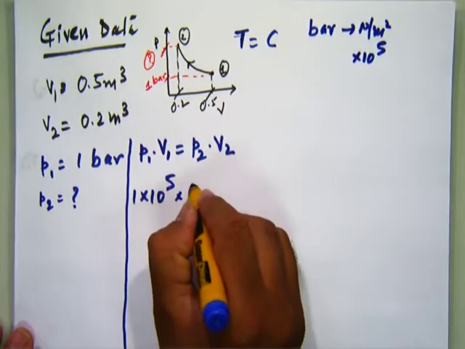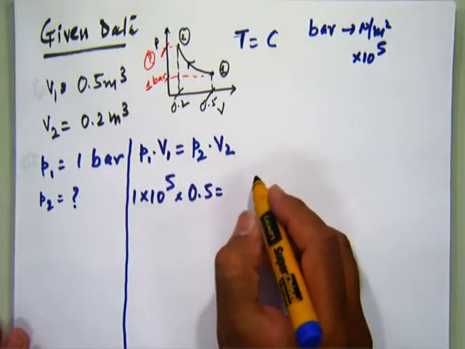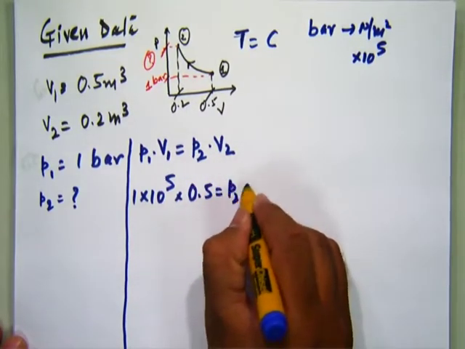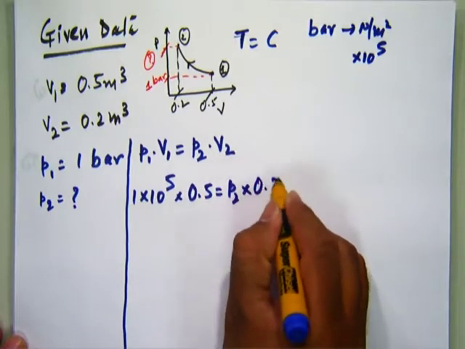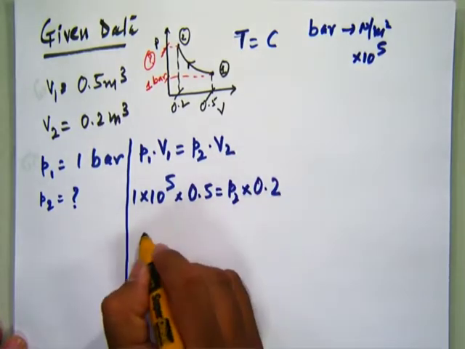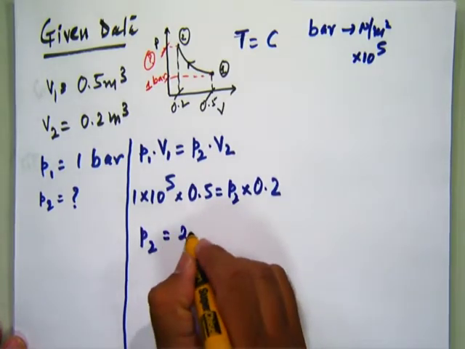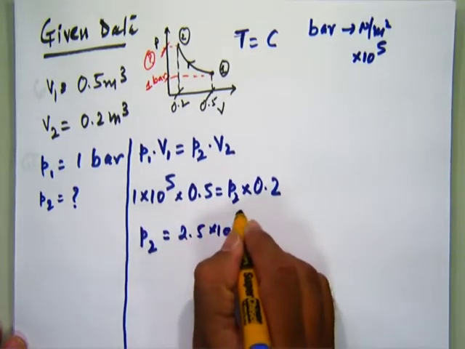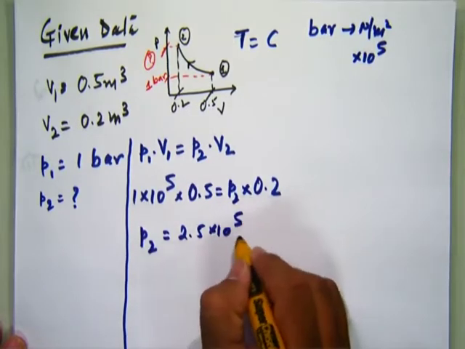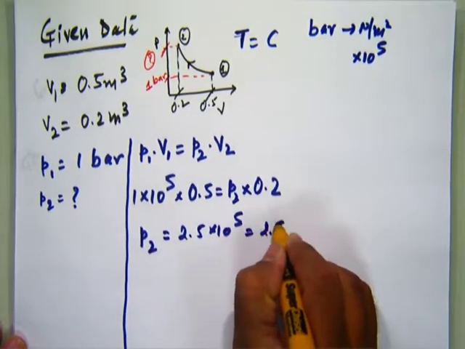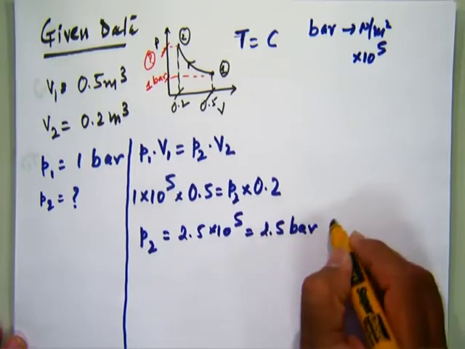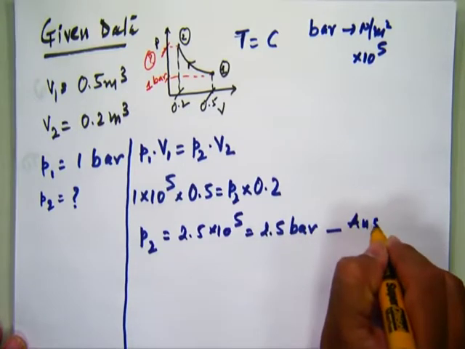Volume is given 0.5, is equal to P2 into volume at the end of the process, 0.2. This gives you P2 is equal to 2.5 into 10 raised to 5, that is equal to 2.5 bar. This is your first answer.